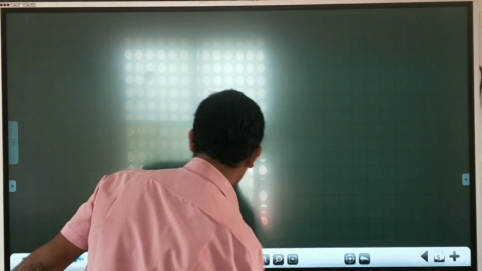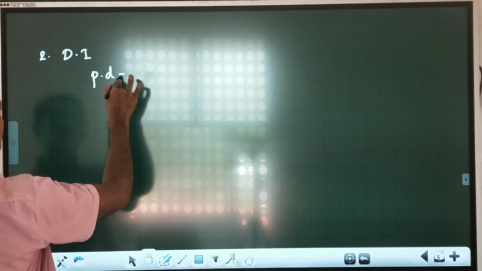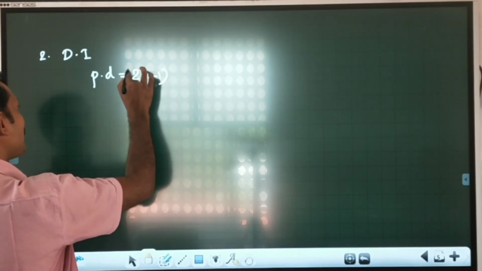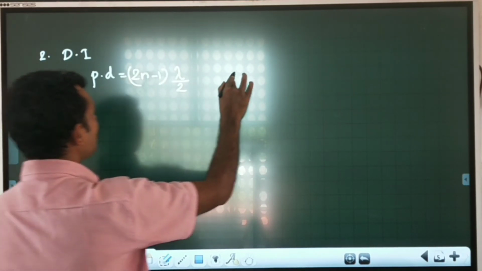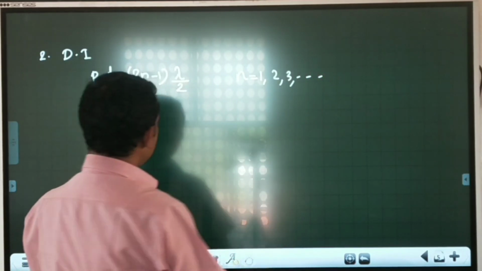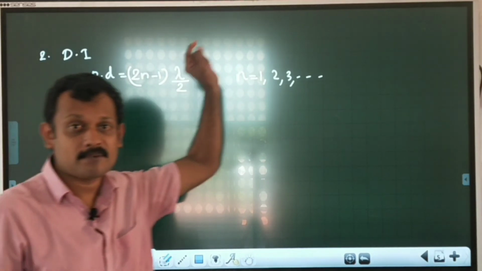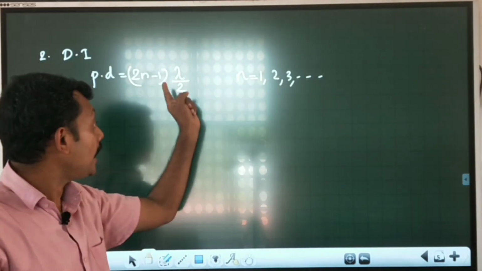So, second case. Condition for destructive interference, we got path difference is equal to 2n minus 1 lambda by 2. And be precise here, n is equal to 1, 2, 3, etc. In NCERT it is given as 2n plus 1, but I won't go for it because I am taking n as 1, 2, 3.